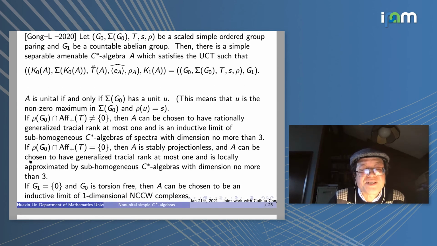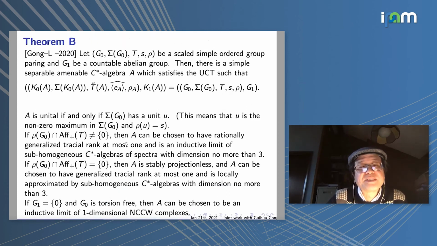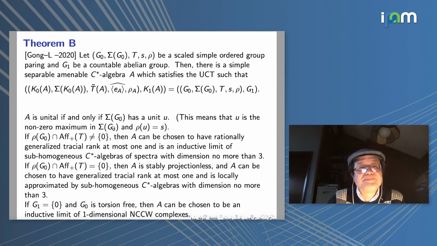In case G1 is 0 and G0 is torsion-free, then A can be chosen to be an inductive limit of one-dimensional non-commutative CW complexes, that's what they call it. So this is the range theorem.